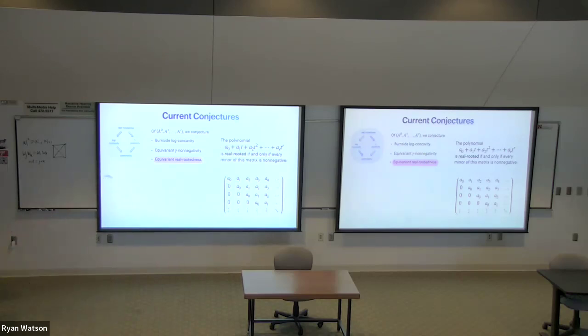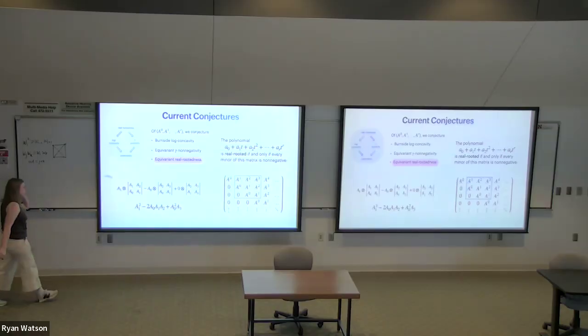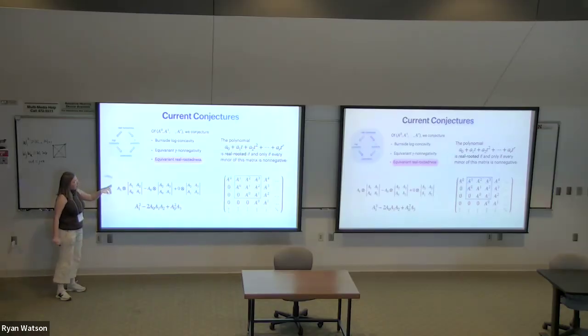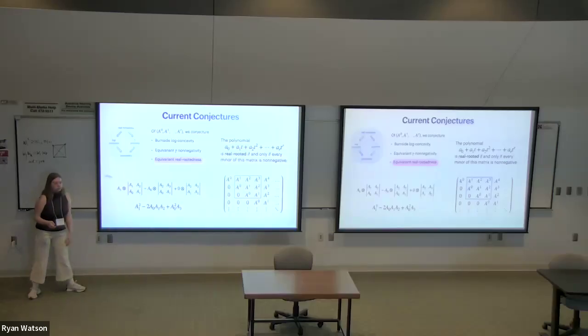And so equivariant real rootedness means that instead of having the degrees, we will have the actual vector spaces, and then we have an equivariant map that shows that this is greater than 0.